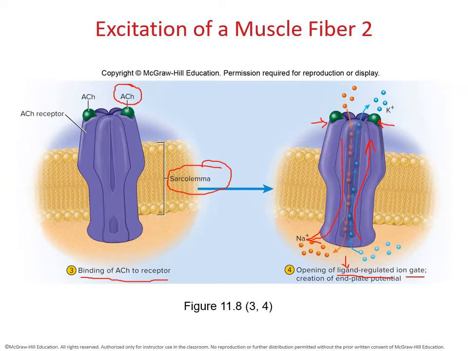For now, it's just important to point out that these are ligand regulated, and they're going to cause the membrane potential to become more positive. So we're exciting the sarcolemma, and we're creating what we call an end plate potential. We're exciting the sarcolemma, but it's very localized to where the receptors are.